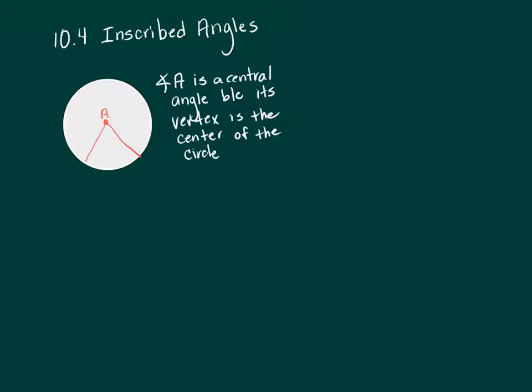So when I look at angle A and the arc that it intercepts, I know they have a relationship that we have talked about before. The measure of angle A equals the measure of its intercepted arc.